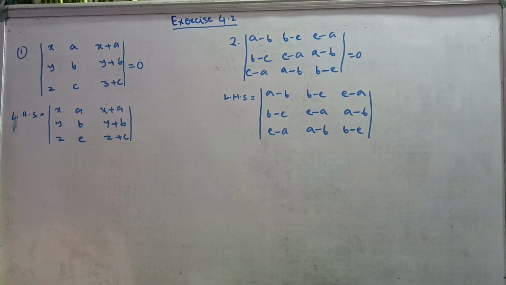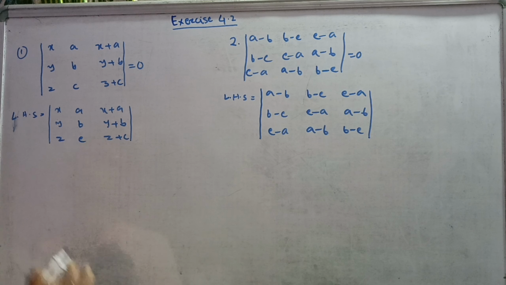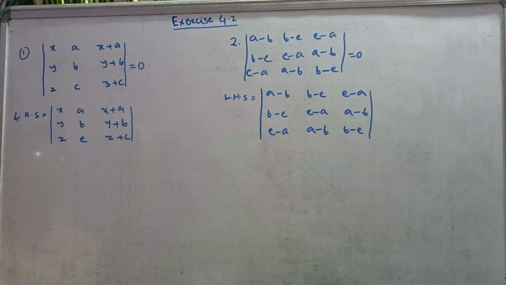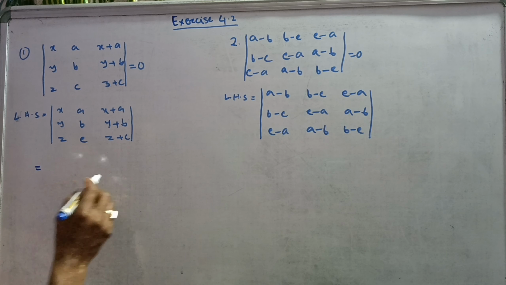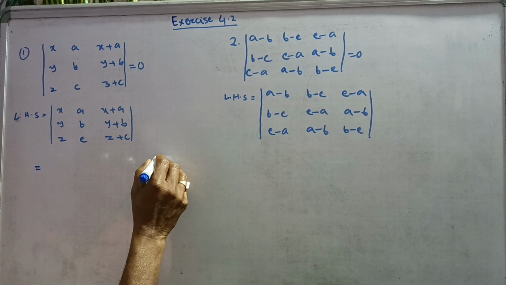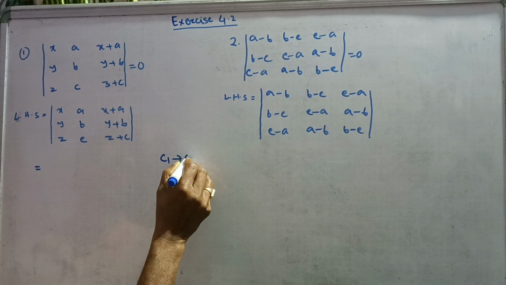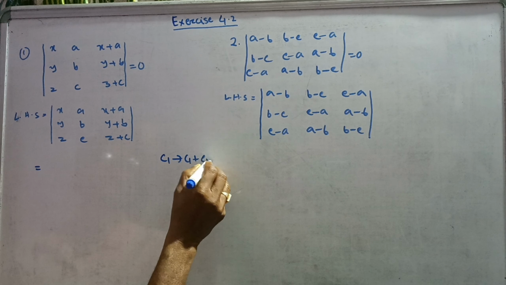In exercise 4.2 in the textbook, using properties of the determinant and without expanding, in exercises 1 to 5, prove that. Number 1, we have to prove this equal to 0. We take the left hand side. Now we apply C1 changes to C1 plus C2.